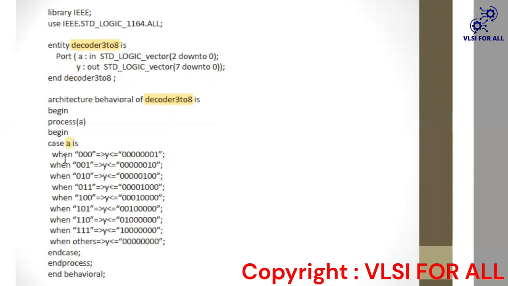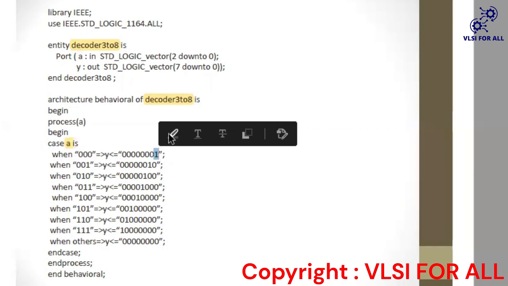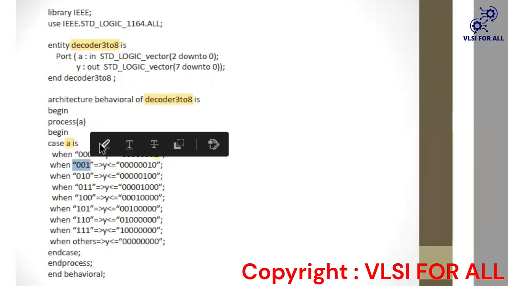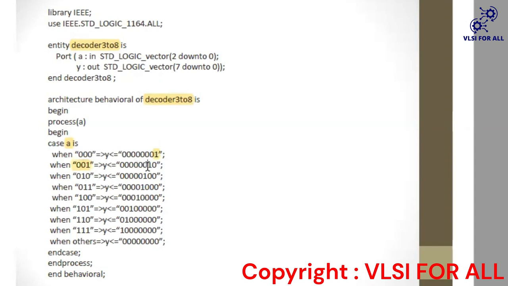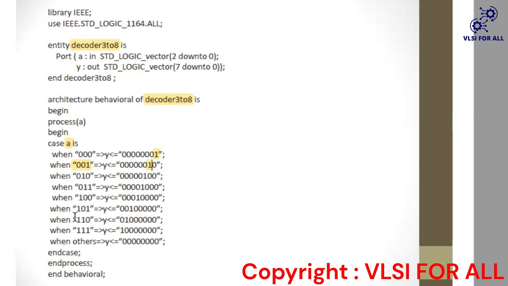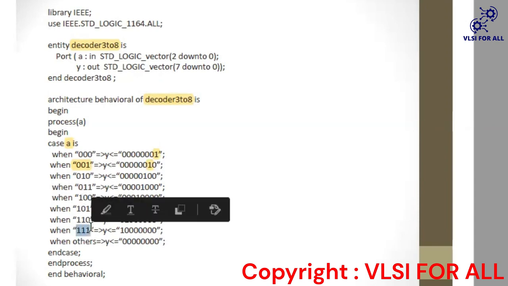So for the case of A, when A is 000, then the D0 bit will be high, like you can see here. When A is 001, then the D1 bit will be high. Similarly, when A is 111, then the D7 bit will be high.